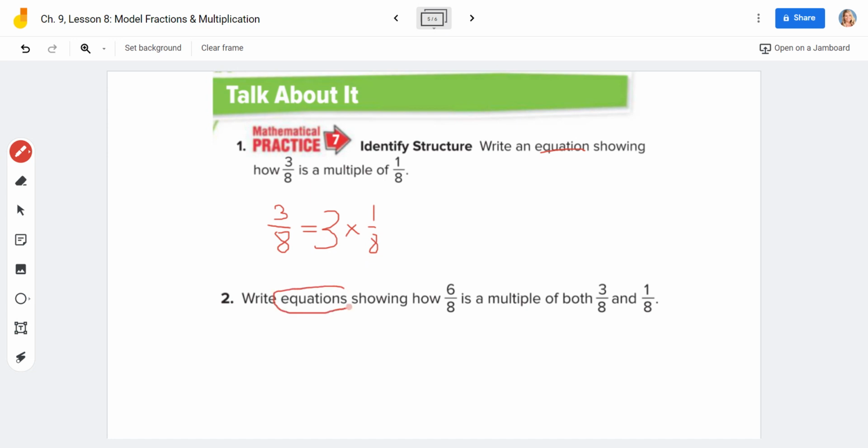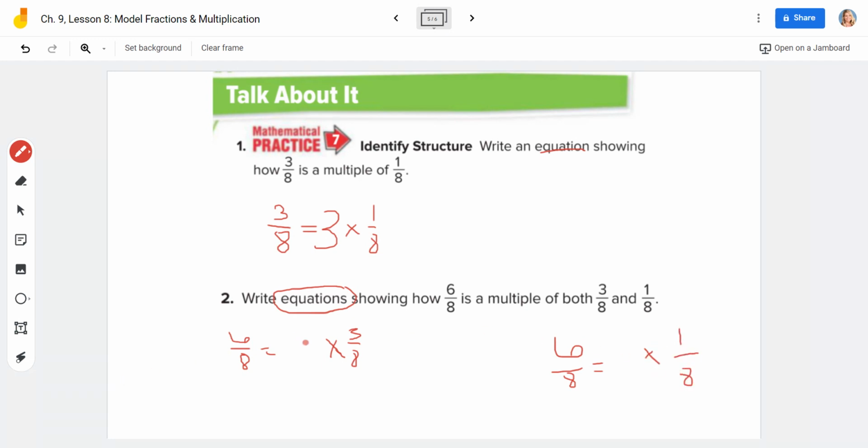All right. Write equations showing how 6/8 is a multiple of both 3/8 and 1/8. So on this one, I have to say 6/8 equals something times 3/8. And then I'm going to have to say 6/8 equals something times 1/8.